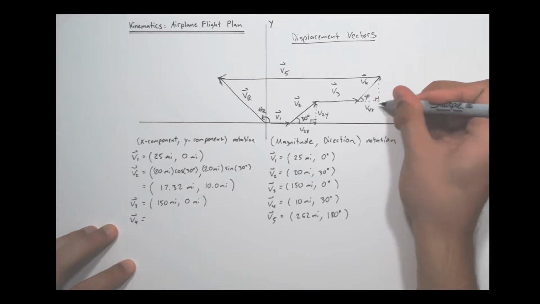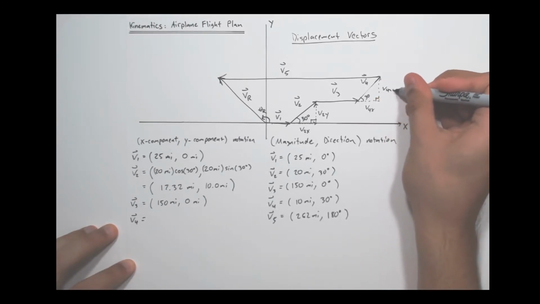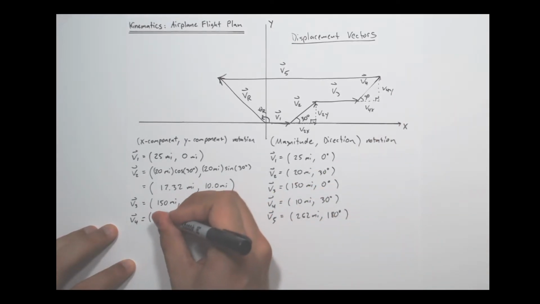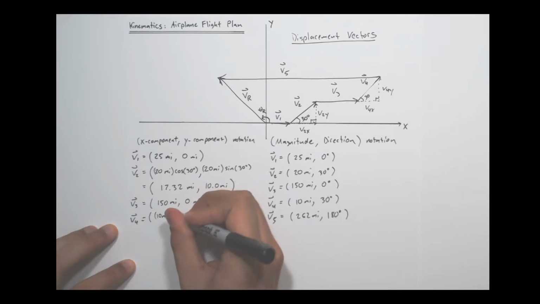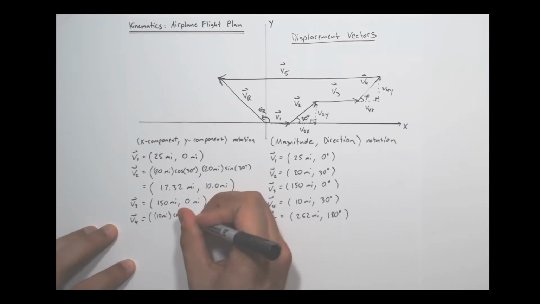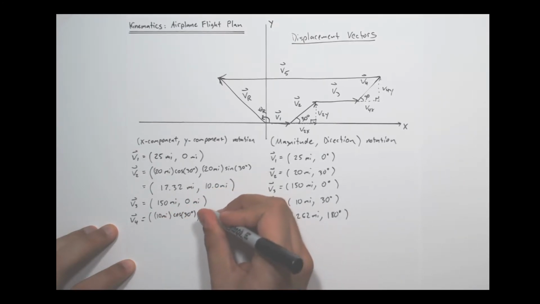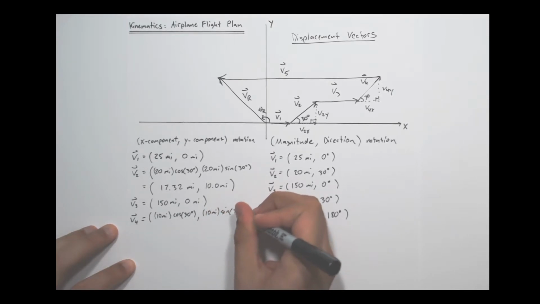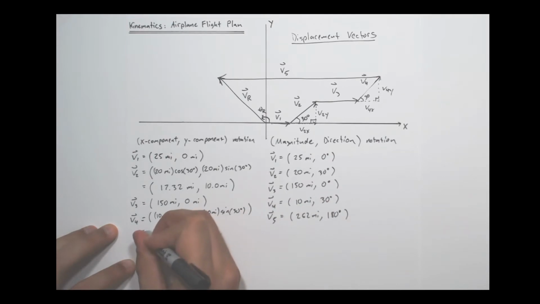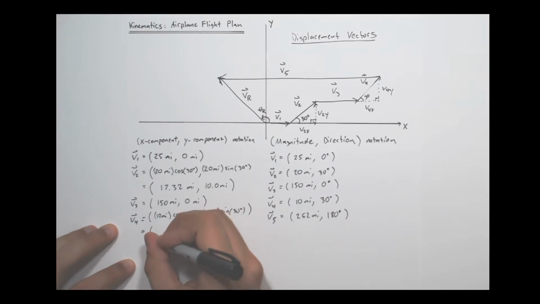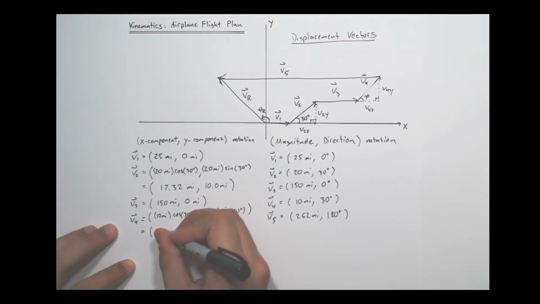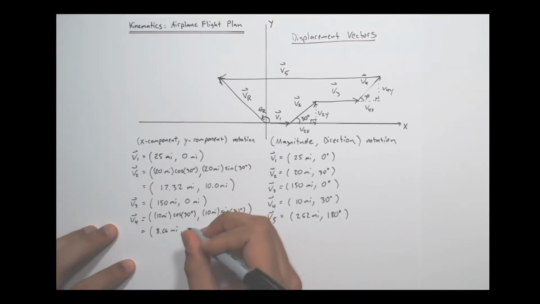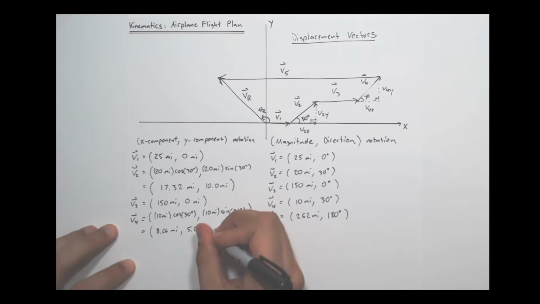So here's v4x and v4y. v4x is going to be the magnitude of v4, which is 10 miles, times cosine of 30 degrees for the x component, and 10 miles times sine of 30 degrees for the y component. I have already plugged those into my calculator, and the values are 8.66 miles for the x component and 5 miles for the y component.